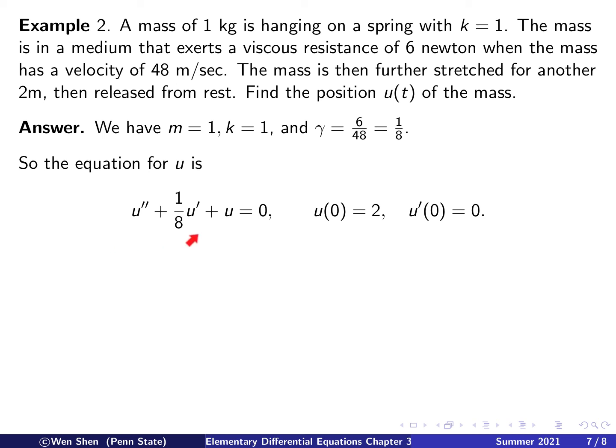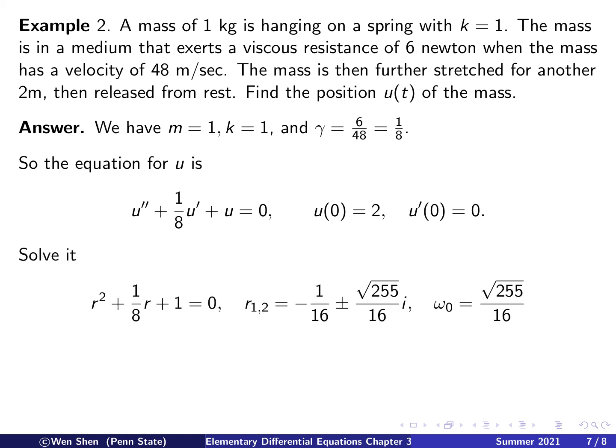Okay, now we have our equation and we have our initial conditions, and we can go ahead and solve it. So the standard procedure: set up the characteristic equation, put r squared here, r here, and 1 here. That's what we have. And then we solve this polynomial of degree 2, and we find the 2 roots.